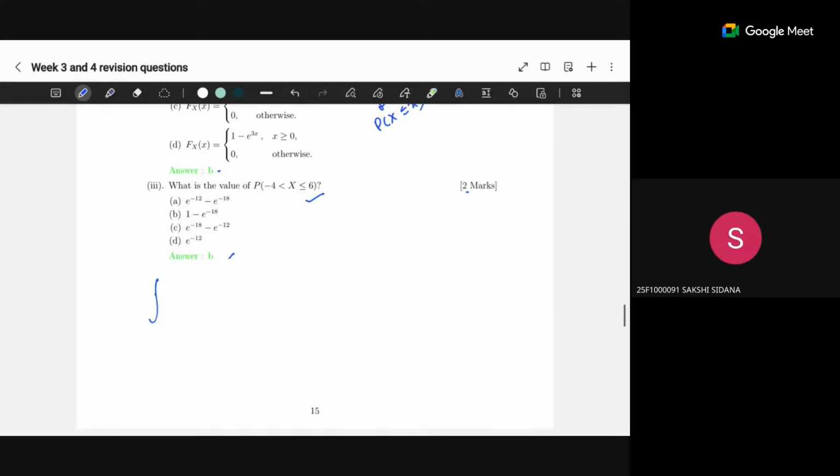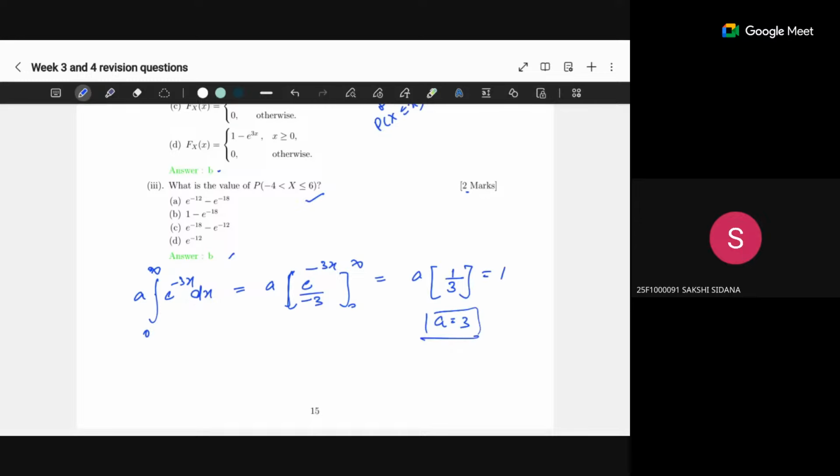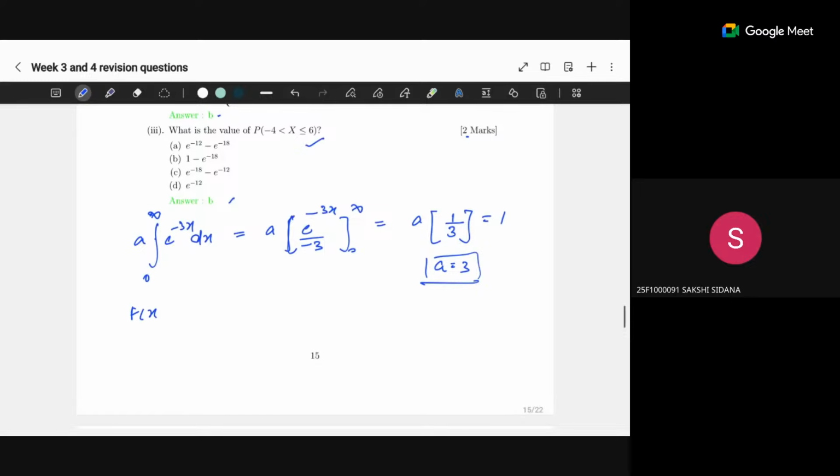So my integration from 0 to infinite of a e raised to the power minus 3x dx equals a e raised to the power minus 3x upon minus 3, from 0 to infinite. This will be a into 1 by 3. This will be equal to 1. A is coming out to be 3. Okay. Now Fx is integrating from 0 to x of 3 e raised to the power minus 3x dx.